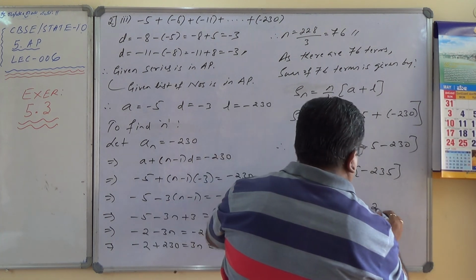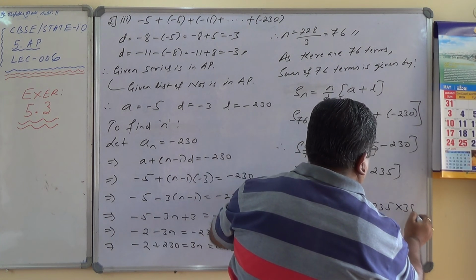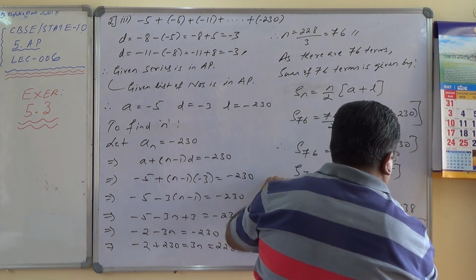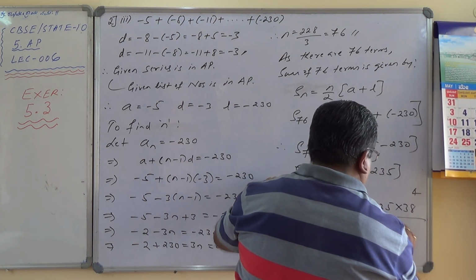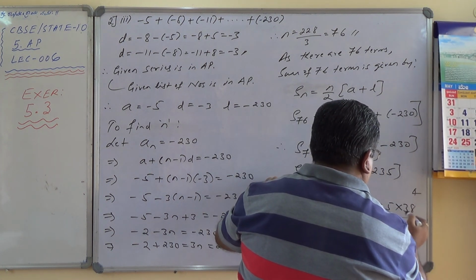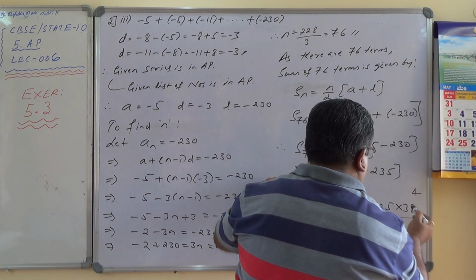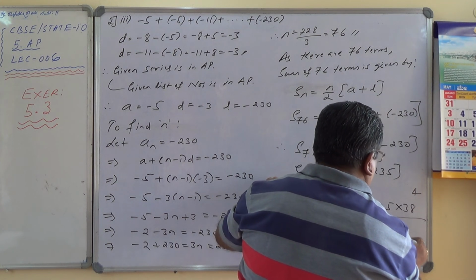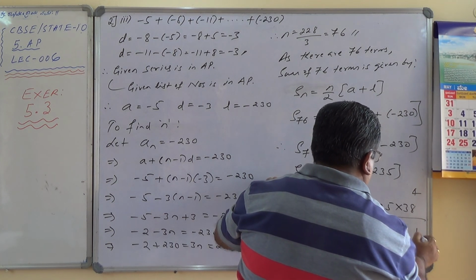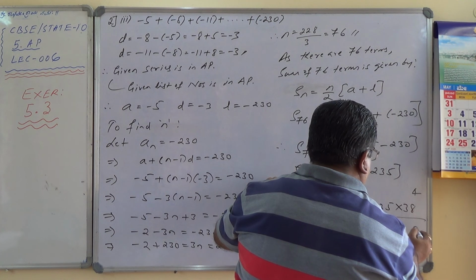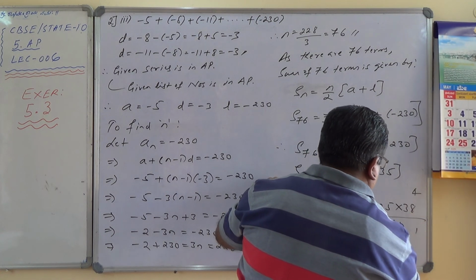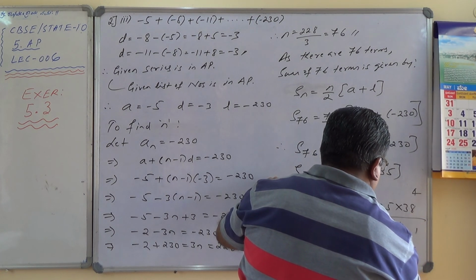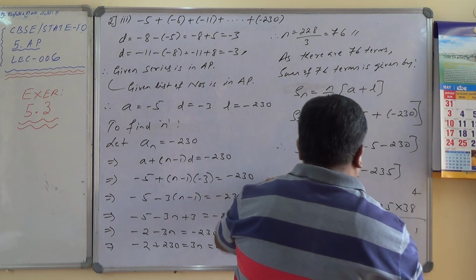So 38 into 235 I'll do here. That gives 8930.